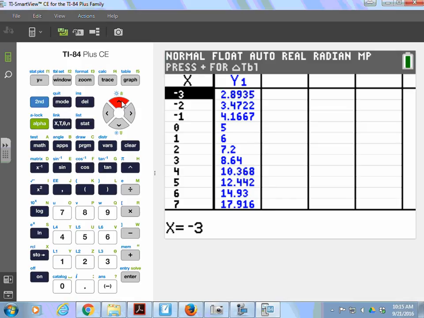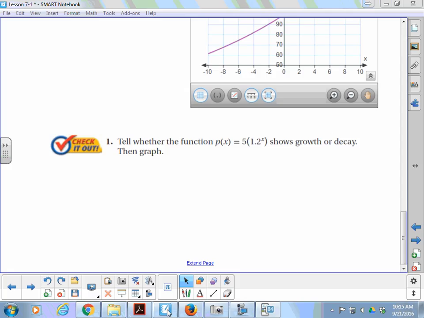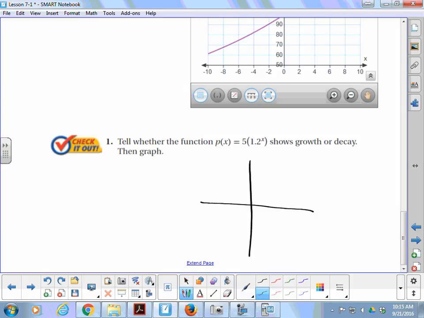You're going to have to plot some points. So this is not acceptable, and this is what some of you are going to want to do: here's 5, and there's my graph. That's unacceptable.